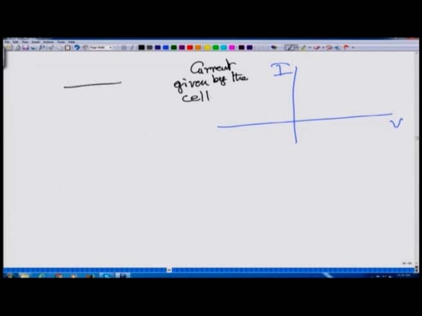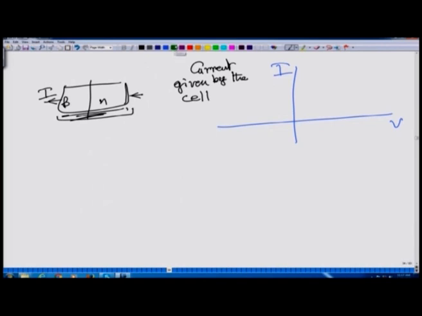What does that mean? If you have this Pn junction here, this side is P and this side is N, the current given by this cell is the current I that we are plotting here, and the voltage across this cell is V. So, this IV characteristic we are plotting.